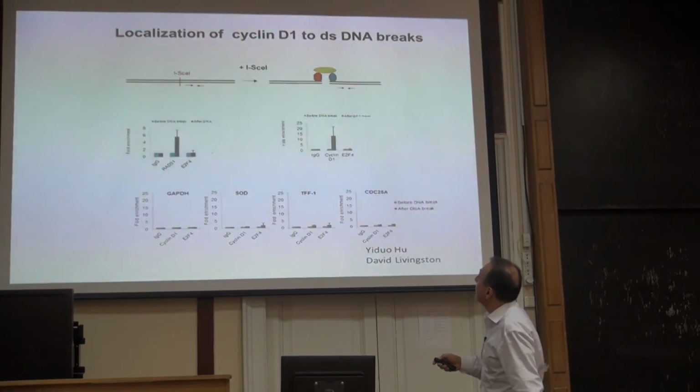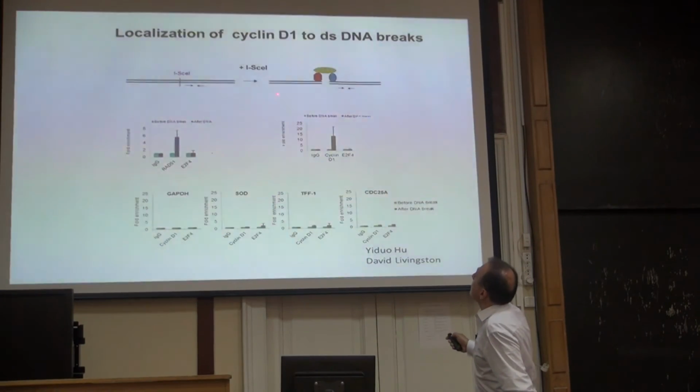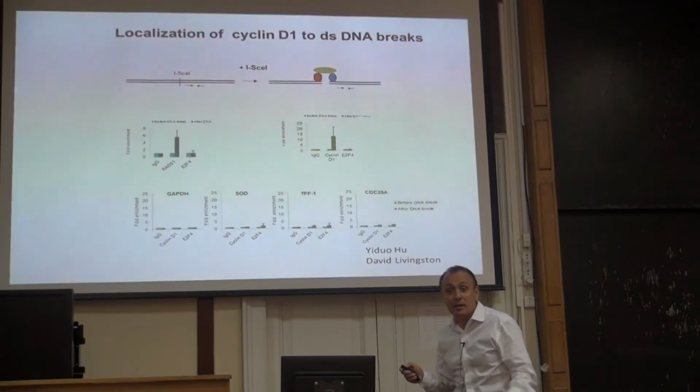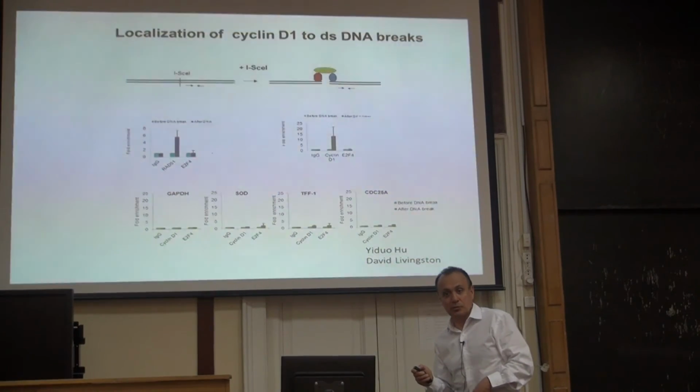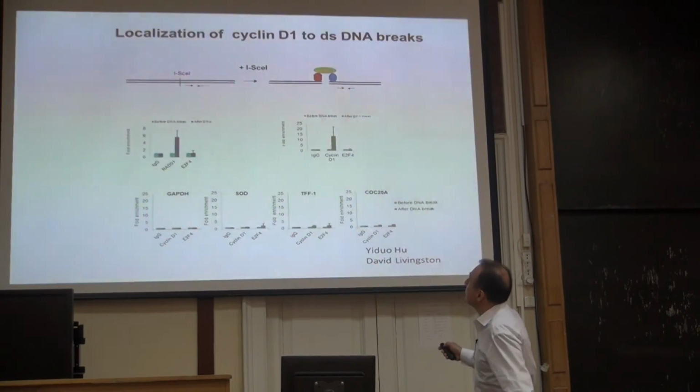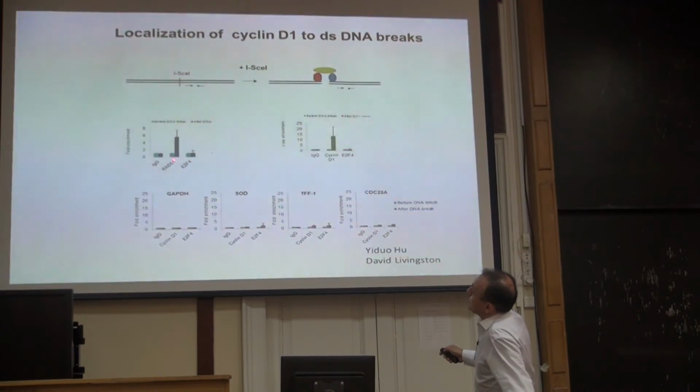A surprise came when Siwalan found that cyclin D1 is also recruited to the sites of double-stranded break. So here again, this is recruitment of RAD51 before and after making the break, and this is recruitment of cyclin D1 before and after making the break.